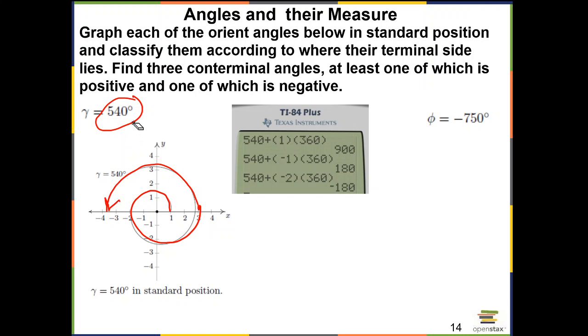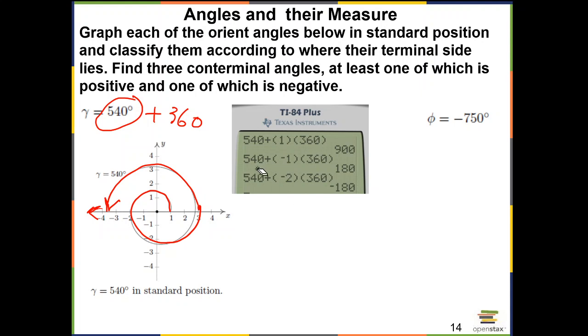So 540 is this angle. Now, if you want a coterminal angle to that, all you have to do is add 360 to it. I did that here on the calculator. So 900 is another angle that ends up exactly in this place. 900 degrees.